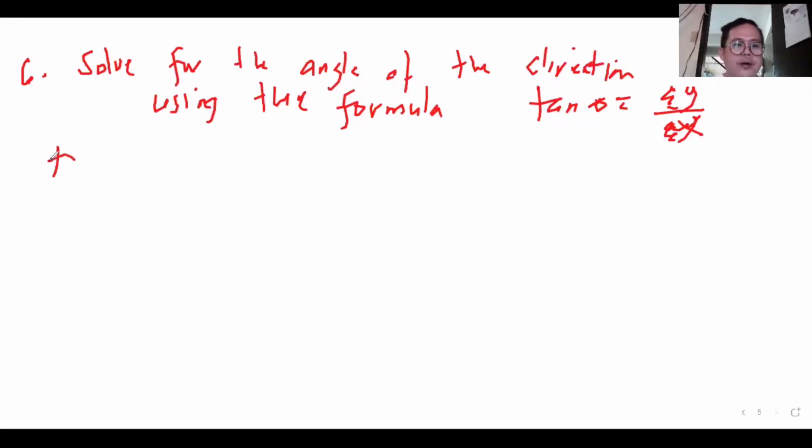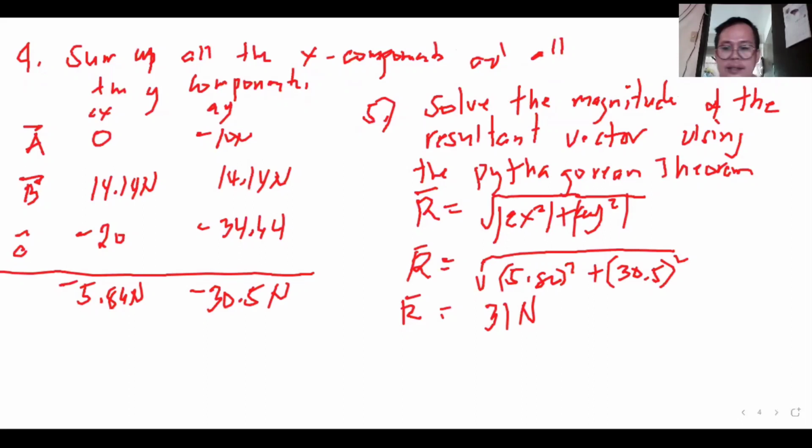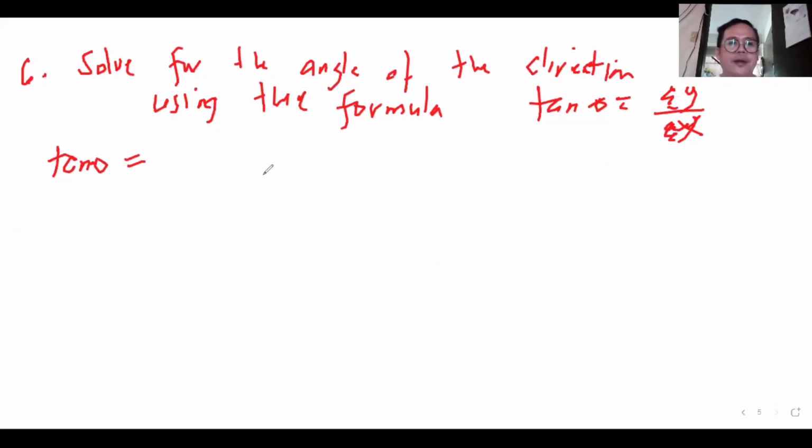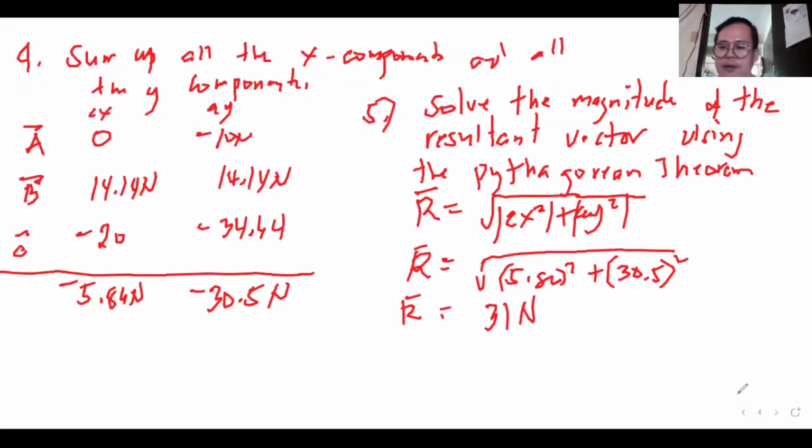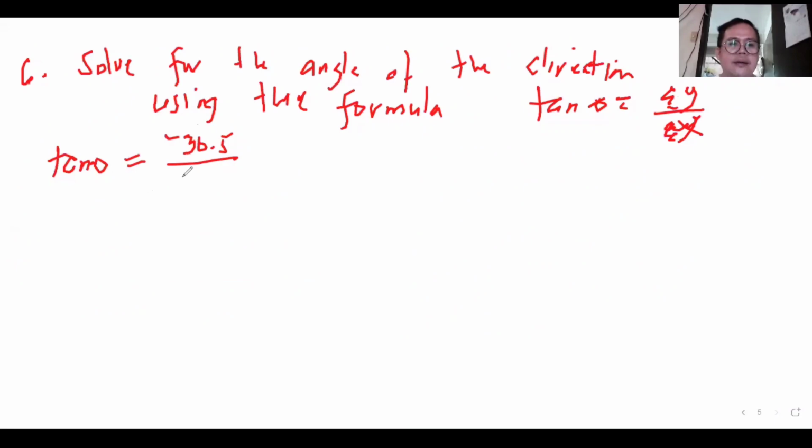So therefore, tangent theta is summation of y, which is negative 30.5, all over your x, which is negative 5.86. So theta, therefore, is the quantity, right? We will also ignore the negative since we only take the absolute value.